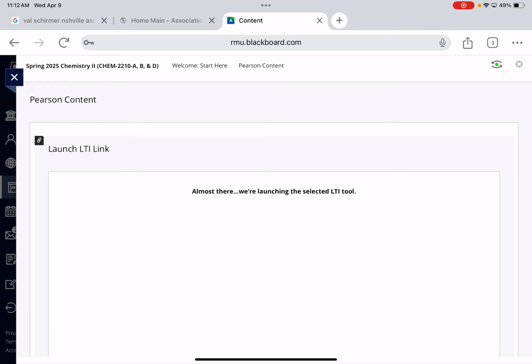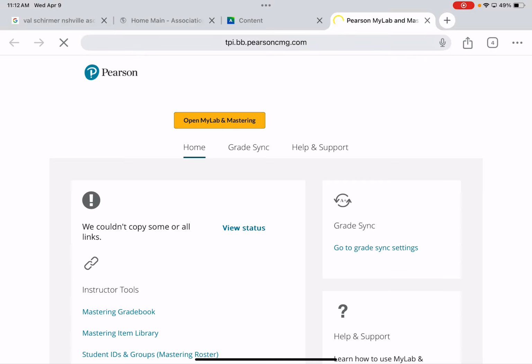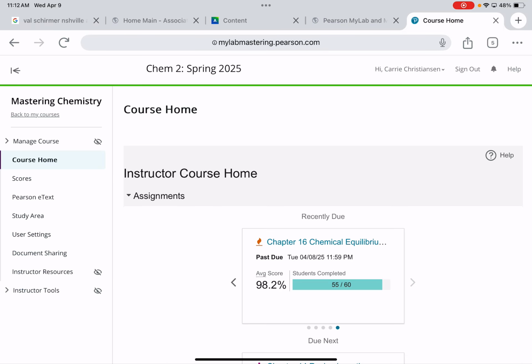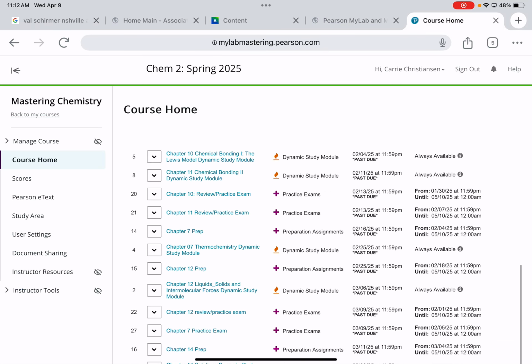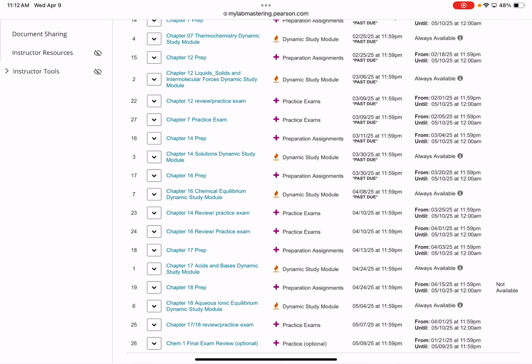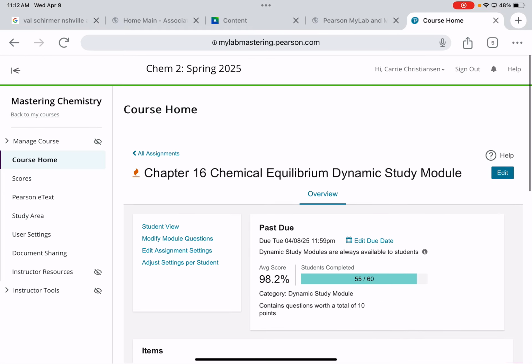Has anybody else noticed that? Maybe you guys just never go to Pearson directly, but I used to always go to mlm.pearson.com and then it stopped letting me in and I don't know why. I have to go through Blackboard. It's very irritating. All right, 16 dynamic study module, student view.